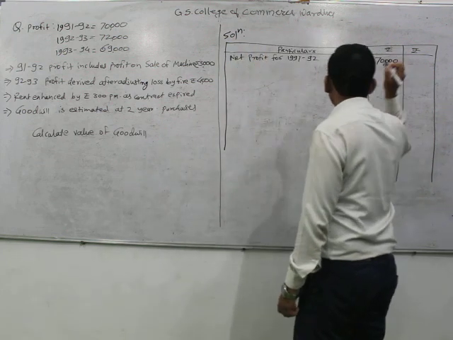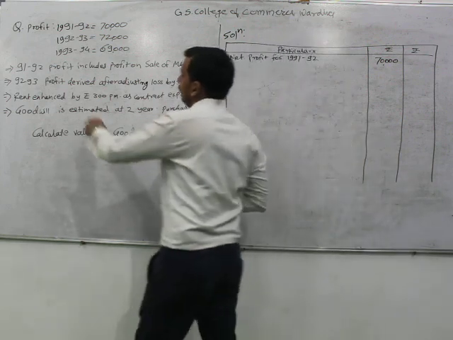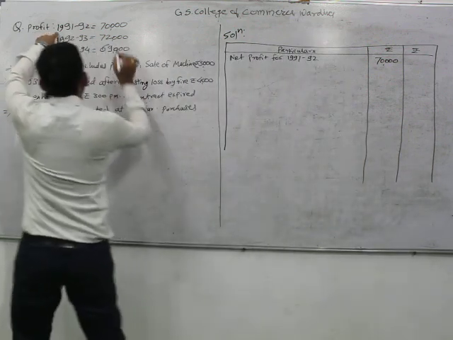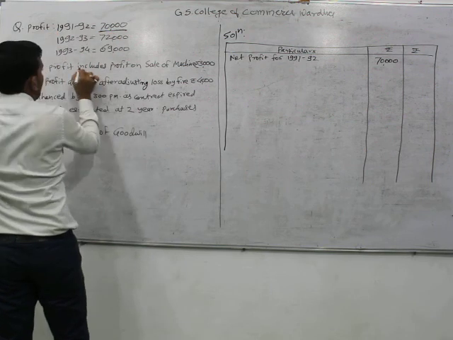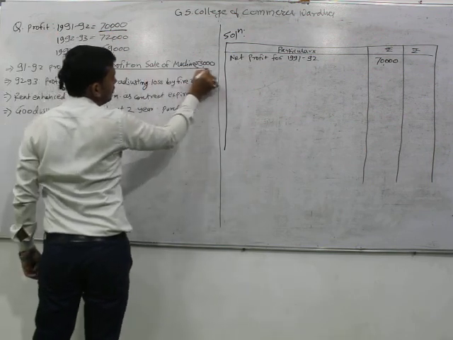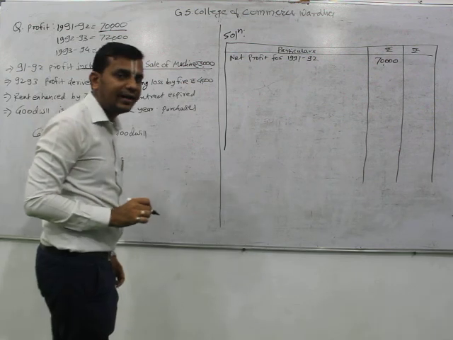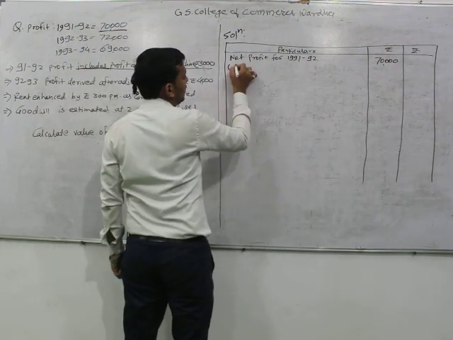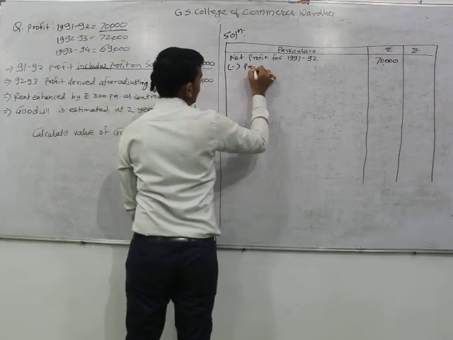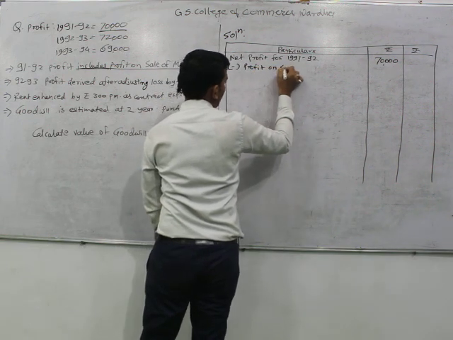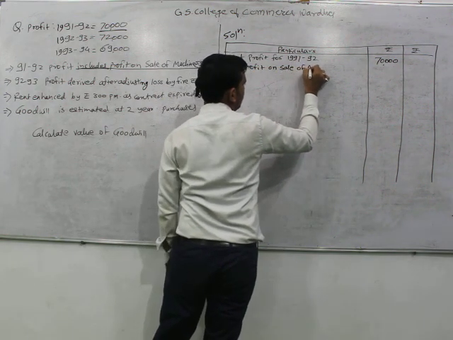We will put it into the inner column. This profit of 91-92, that is 70,000, includes profit on sale of machine of rupees 3,000. It has been added to it, hence we will subtract it: less profit on sale of machine.